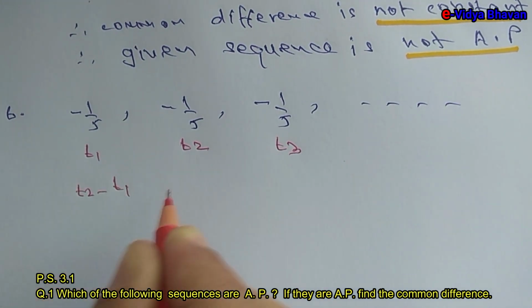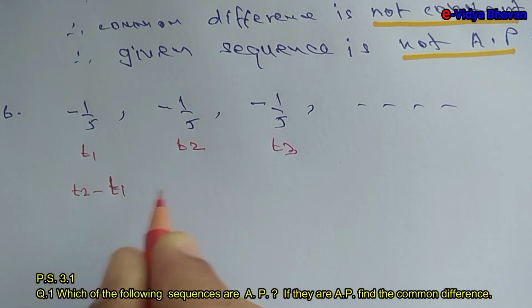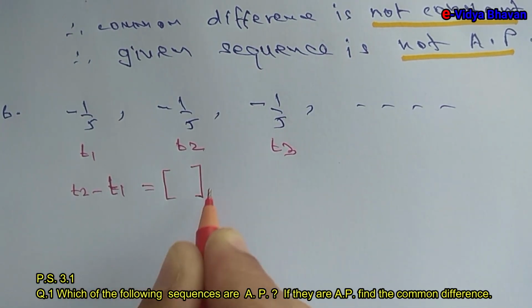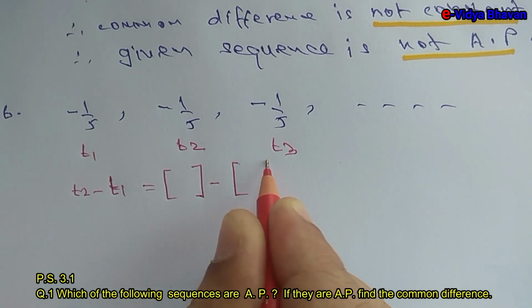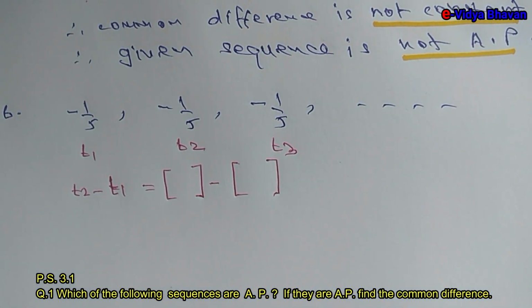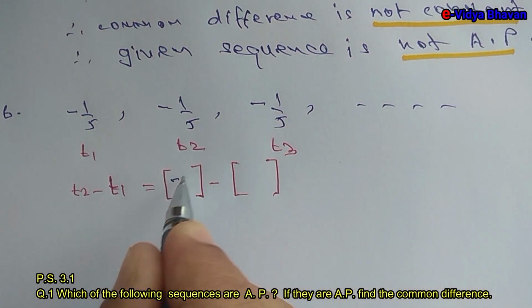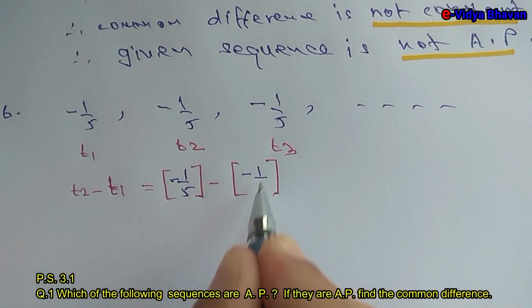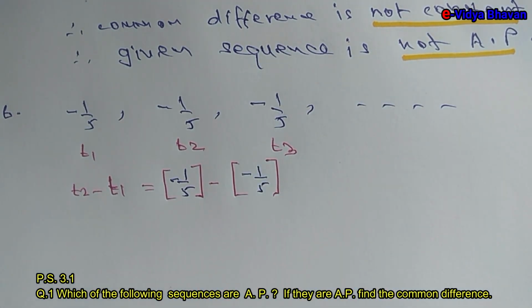T2 minus T1, that is second term subtracted by the first term. What is second term? Minus 1 upon 5. What is the first term? Minus 1 upon 5.